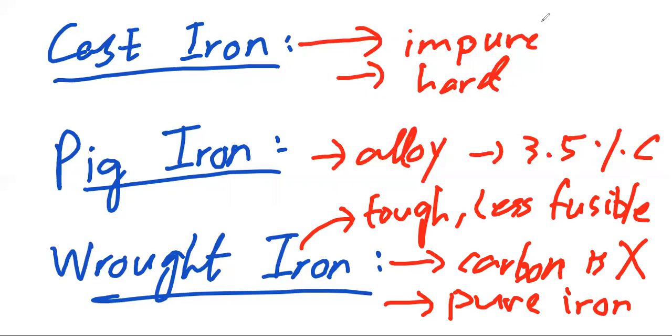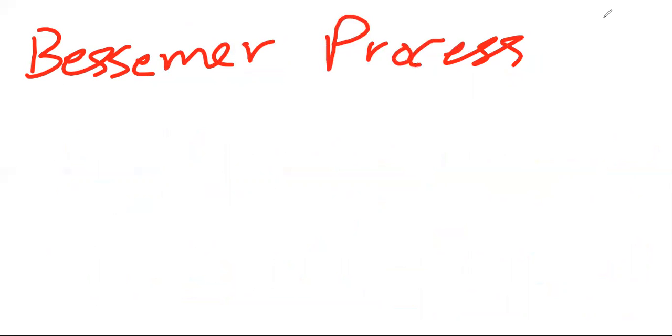The industrial process used for this is known as the Bessemer process. What is the Bessemer process? It is the industrial process for the production of molten pig iron. We use this process to remove the impurities of the iron by oxidation, with air being blown through the molten iron.